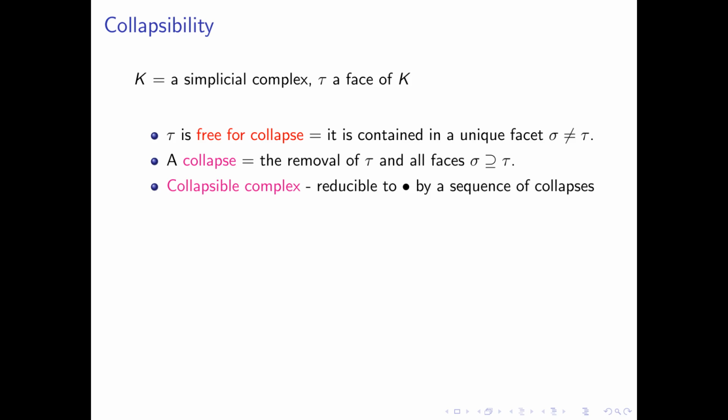A simplicial complex is then called collapsible if it can be reduced to a single point by a sequence of collapses. For example, here we have an example of a complex consisting of 4 triangles, which is collapsible. For example, this red edge is free for collapse, and if I collapse it, I remove this face and everything which is above it.